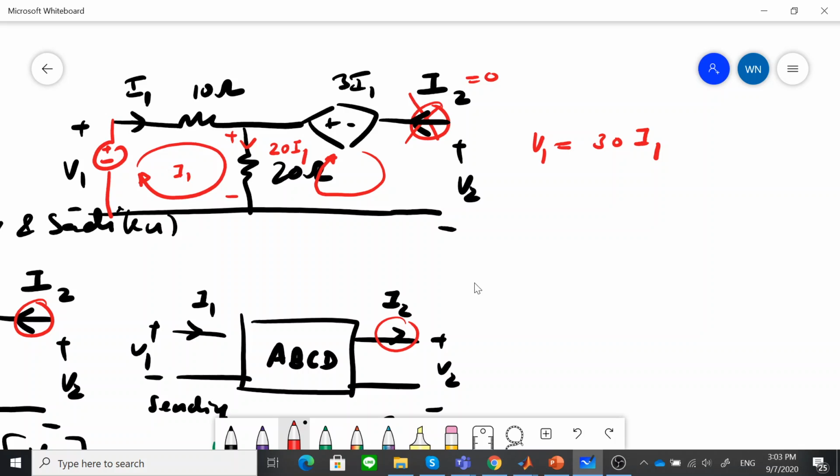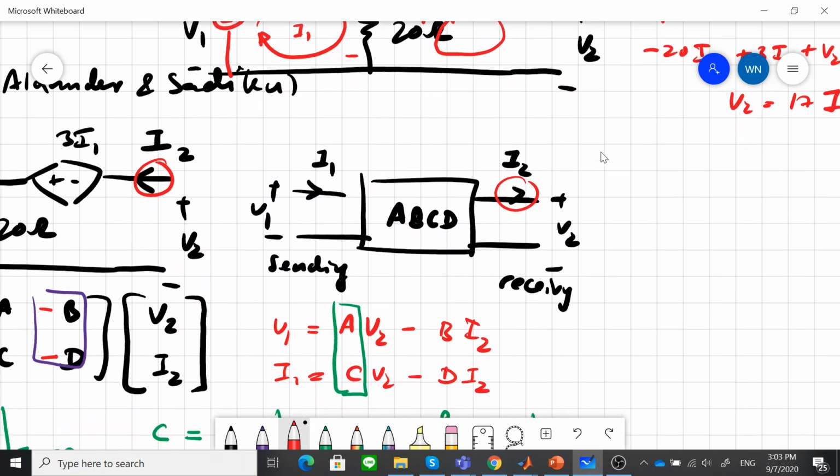So putting KVL around this, you get 20 I1 plus 3 I1 plus V2 is 0, so V2 would be 17 I1.